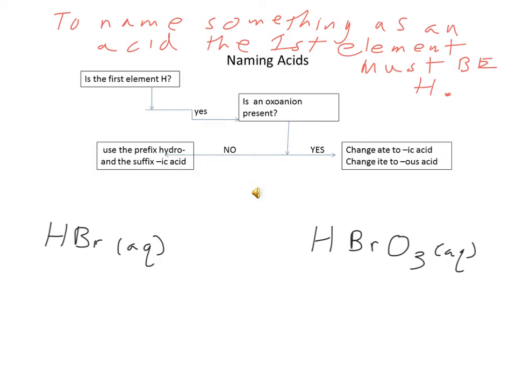That's your big clue that you have an acid. That's a rule, not going to be violated, right? So you're always going to ask yourself when naming compounds, is my first element hydrogen? If the answer to that question is a yes, then that means you have an acid.